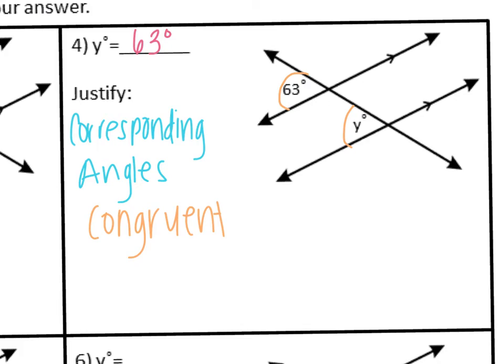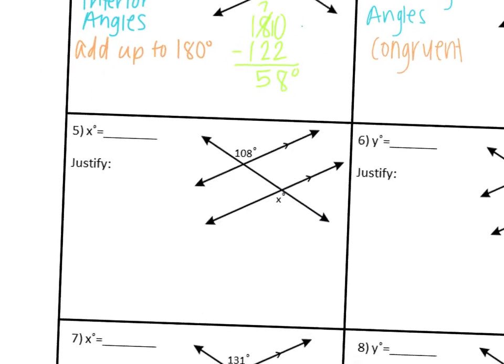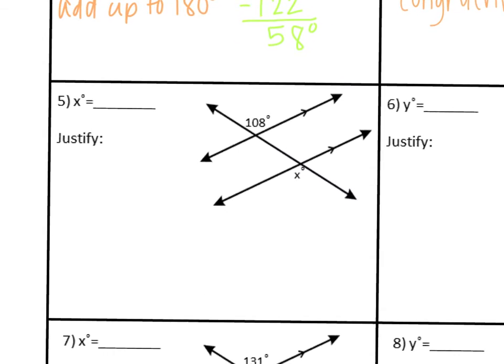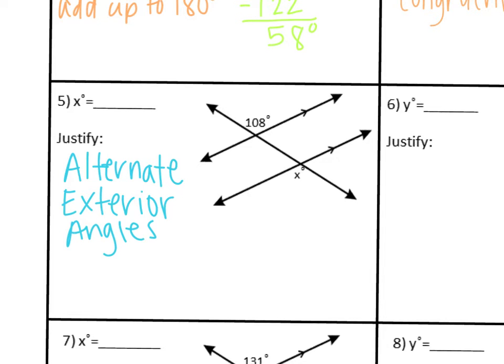All right, so for our third example, again, I'm just going to look at my vocabulary. These are alternate exterior angles. They lay on the outside of the transversal on opposite sides. We saw last week why these alternate exterior angles are congruent by rotations, and so these angles are also congruent.